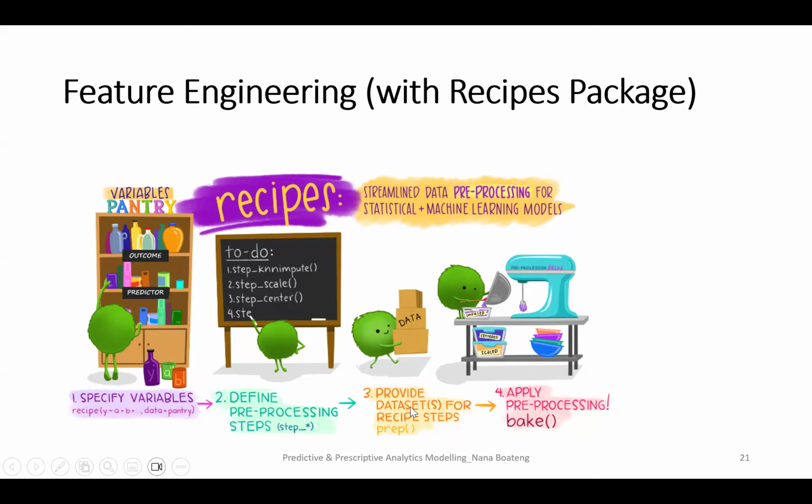After we have done that, we apply all these pre-processing steps to our data set. When I say data set, I'm talking about the training data and also the test data. And we do that using the bake function. Any questions about these steps before we go on to look at actual data?